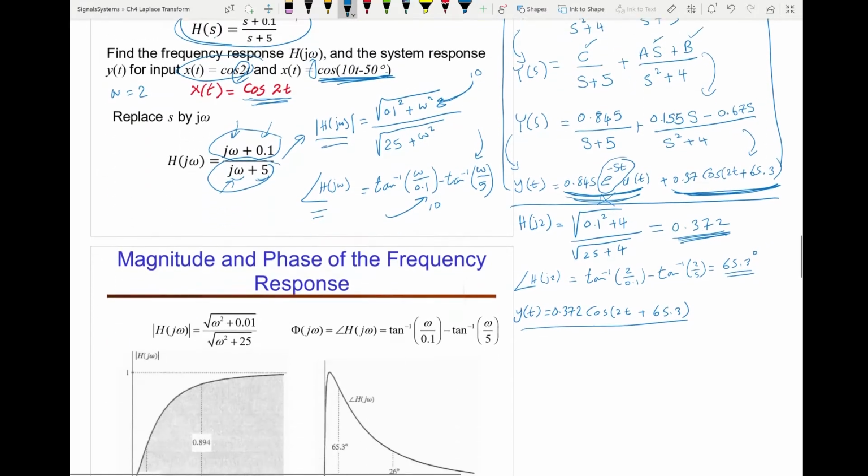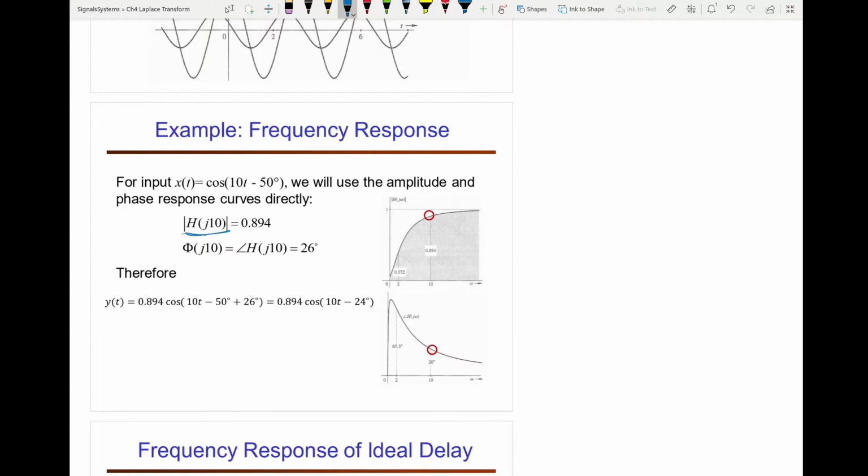And if you do this, that's what you will get. The magnitude for omega 10 is this, 0.894. So you will get cosine 10t amplified or attenuated by this, and the phase shift is 26. So minus 50 plus 26, you get minus 24.